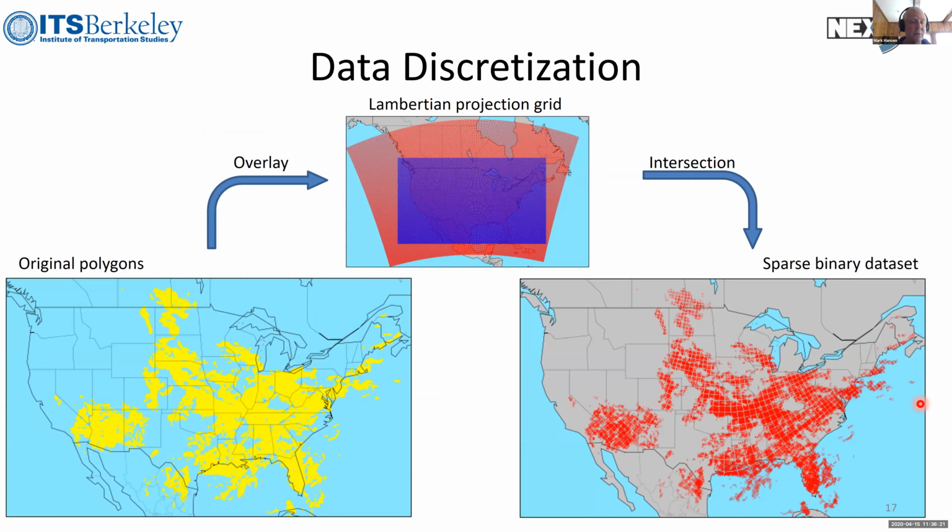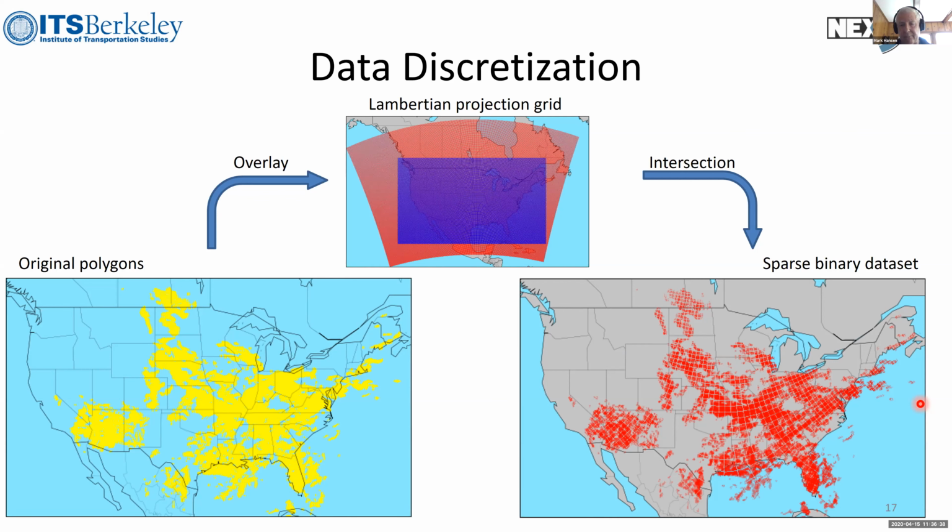There's some data discretization here to enable us to do this. So we take, say, the original polygons that describe convective weather and turn that into a binary data set.